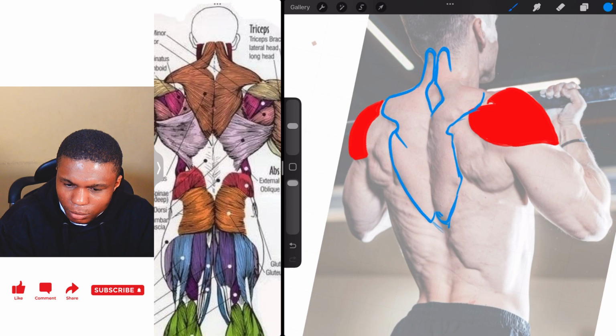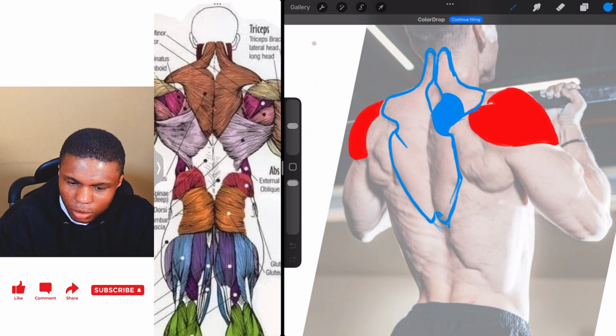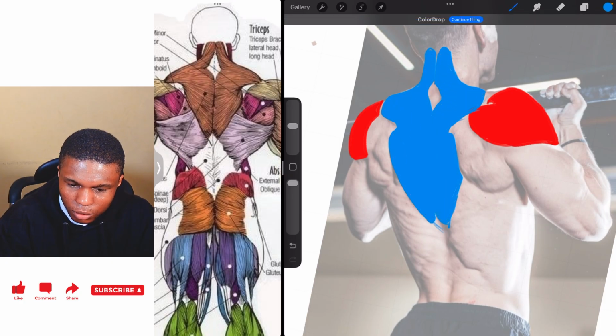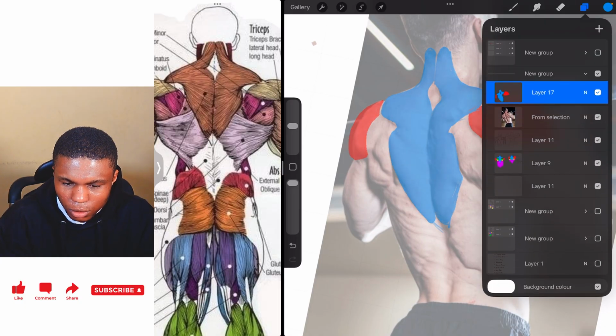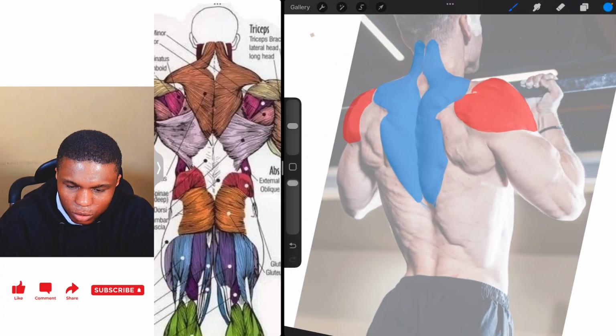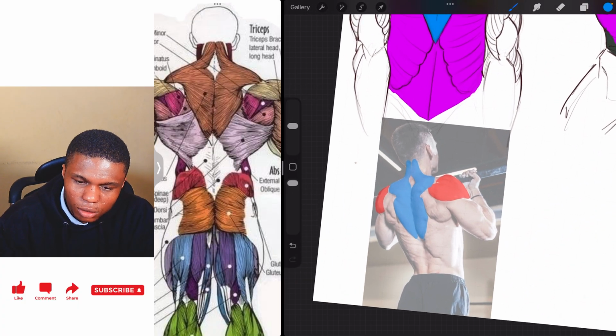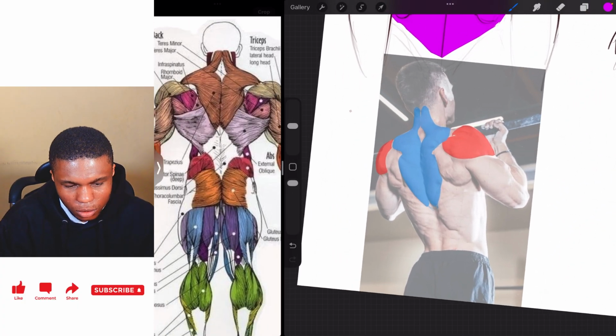That may not be accurate or perfect, but we are going somewhere with this. Let me reduce the opacity a bit so that you can see what I'm doing. The next thing is the lats, in purple.